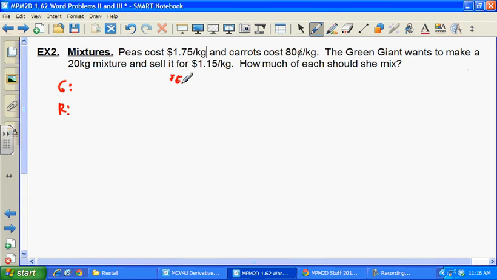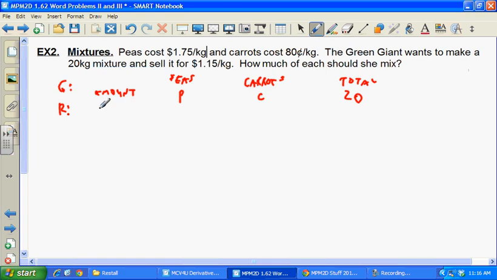Set this up in a chart. We got peas and carrots, and total, right? How much of each should she mix? Well, that's the amount, or the kilograms. I'm going to call that P, and this C, and I know that we want to have 20 kilograms in total.